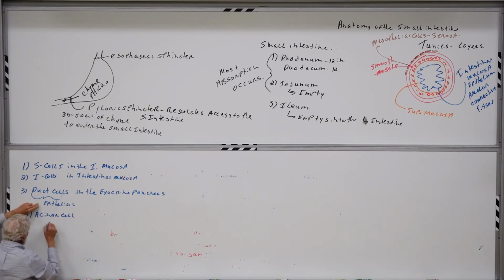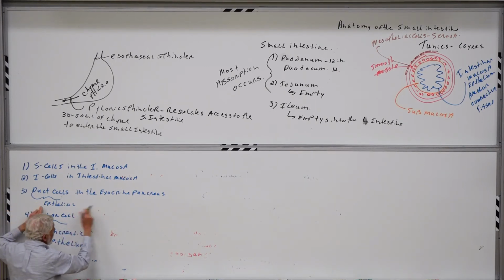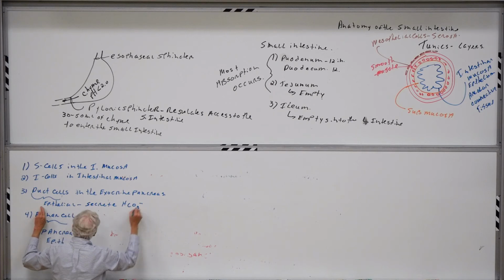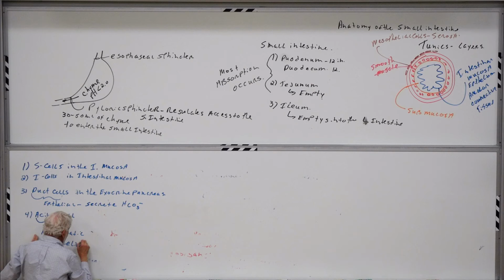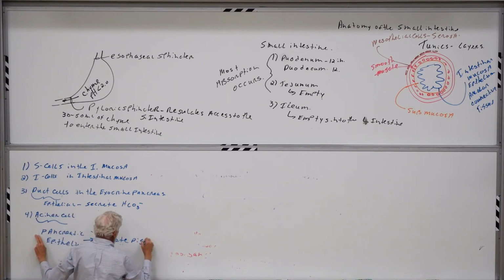The duct cells and the acinar cells are both part of the pancreatic epithelium. But they, in fact, do different things. These duct cells of the exocrine pancreas secrete bicarbonate, whereas the acinar cells of the pancreatic epithelium secrete digestive enzymes.